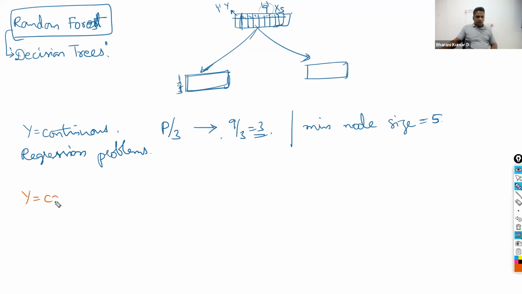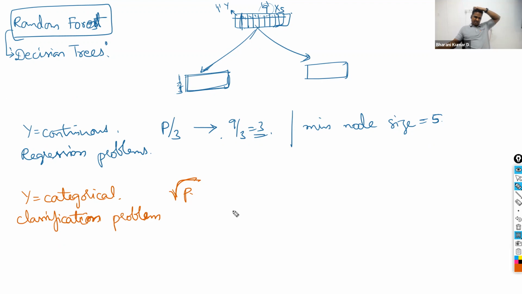Then when output is categorical, binary or multiple categories, this problem is called what problem? Classification problem. Square root of p is suggested. Let me use 36 inputs, it'll be easier.